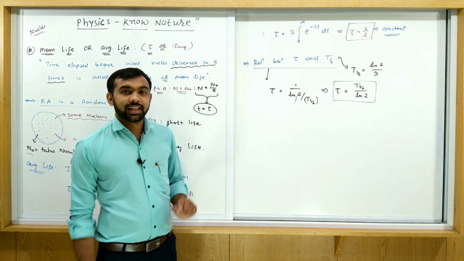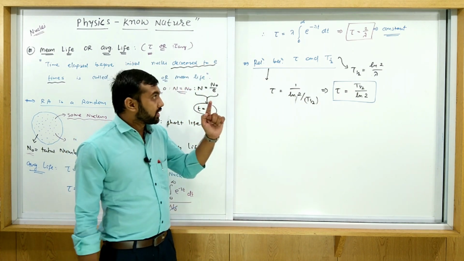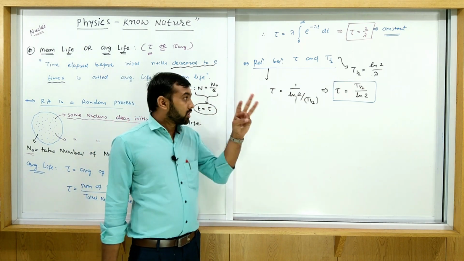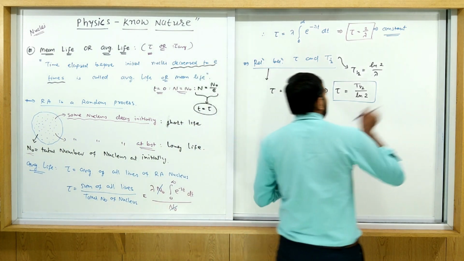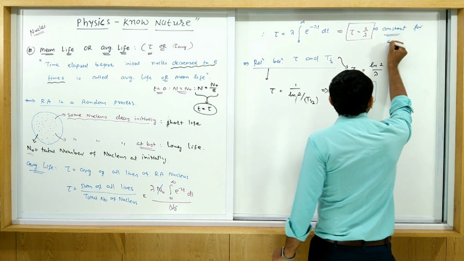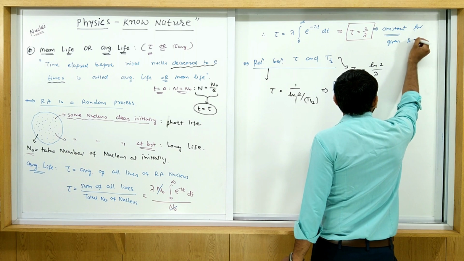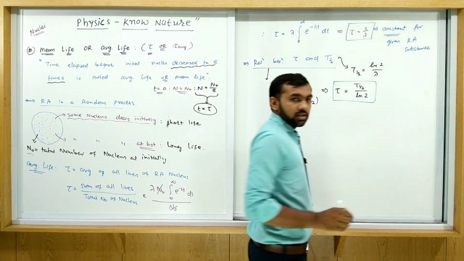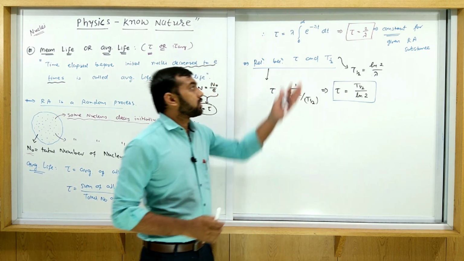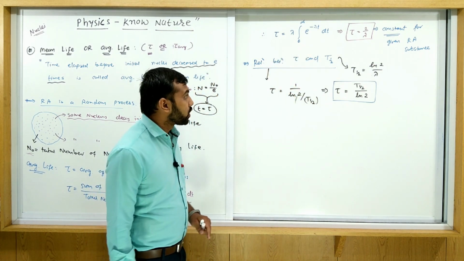First one is lambda, second one is half life, and third one is the average life. These three parameters are constant for a given radioactive substance. If you change the radioactive substance, then this average life is also changed.